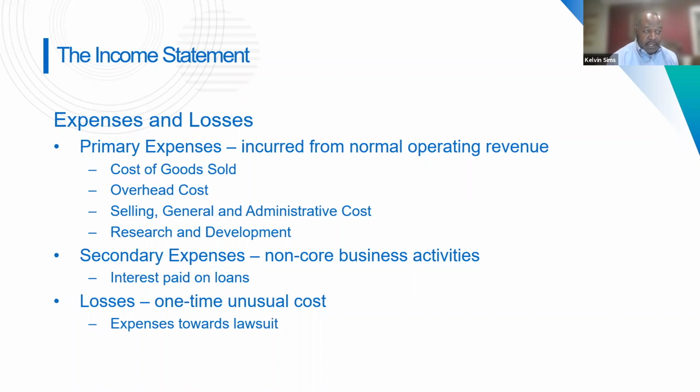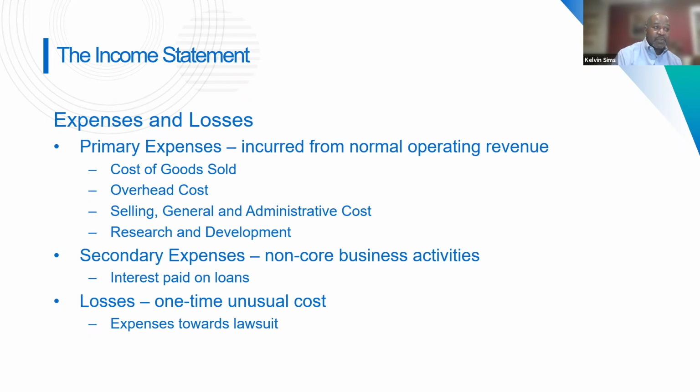Your secondary expenses are, again, non-core business activity, almost like the non-operating revenue. This will be interest you pay or things of that nature. You don't really need it to create your product, but you needed it to keep your business going. So that loan wasn't just taken out for no reason.